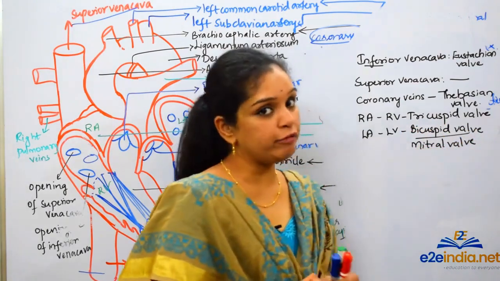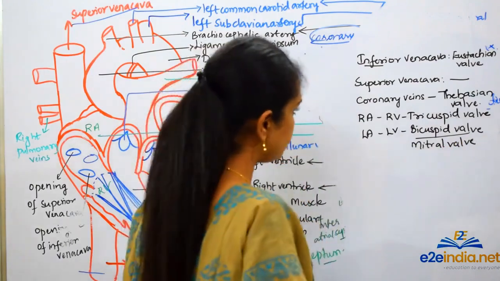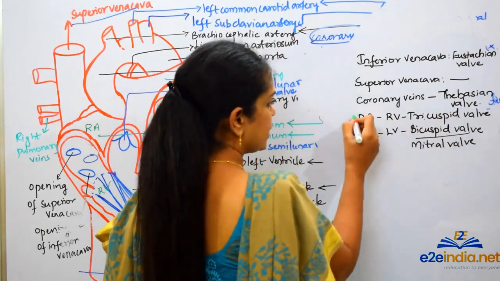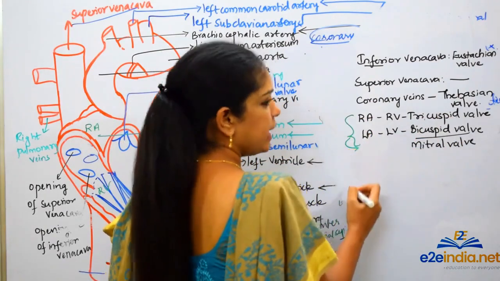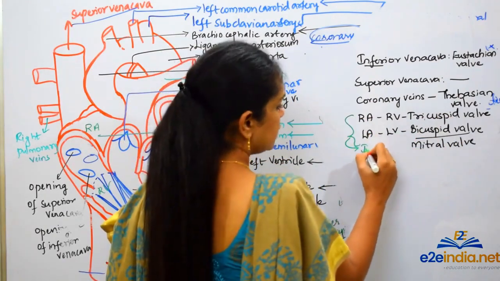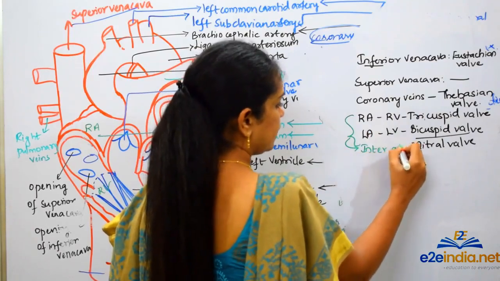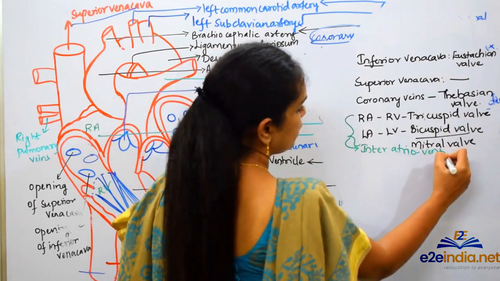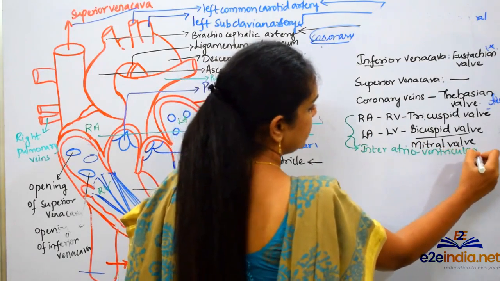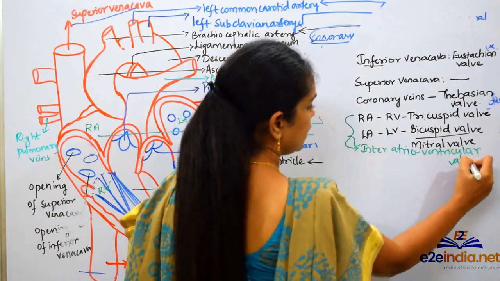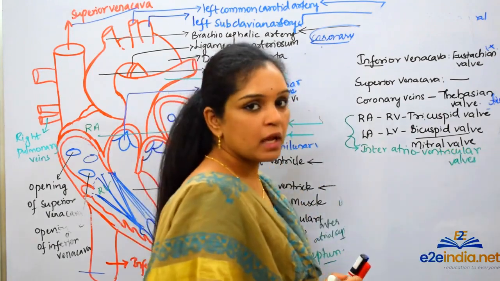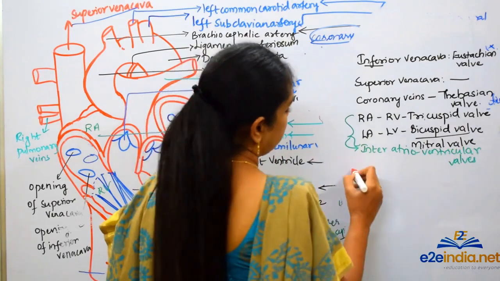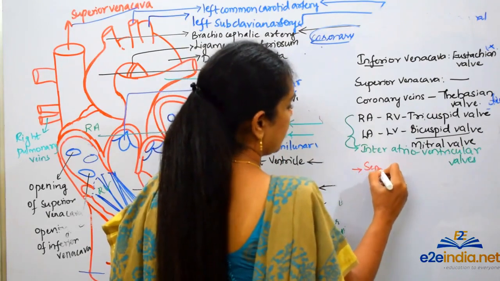Remember that the tricuspid valve and bicuspid valve together are referred to as the atrioventricular valves.